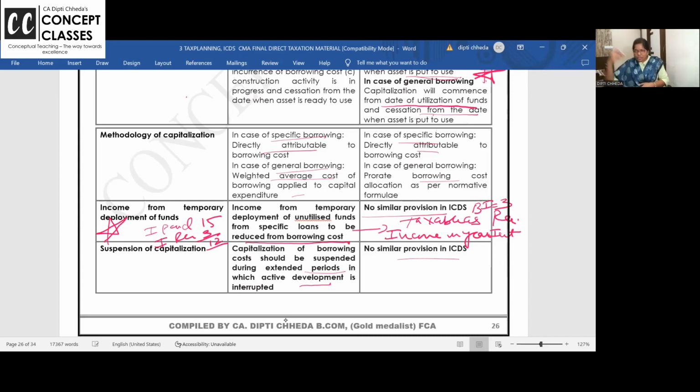You use the loan, you pay me some interest," that interest is reduced from the borrowing cost in AS 16. In income tax, whenever you get that income, tax it. See, interest paid is 15, I will capitalize. But in between I have received interest 3, so capitalize only 12 rupees. Here they say, forget about everything. Whenever you receive the temporary interest, pay income tax on that. Note down this point if you want to note it down.